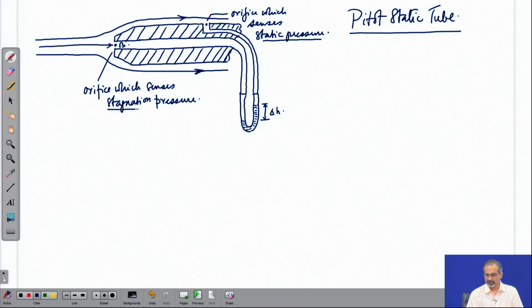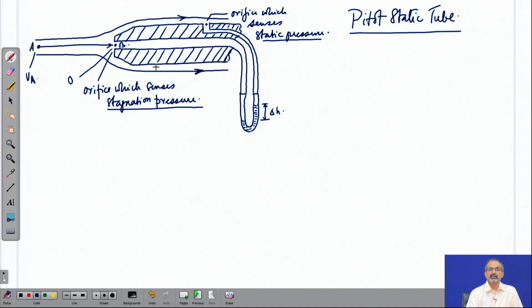Now, let us look at the concept of the two pressures which we are sensing at the 2 points. So, if you follow the streamline A B, then the flow velocity what you have at the point A, if you call it as V A, that gradually decreases as you move towards the point B, and then typically by the time it reaches point B, it goes to 0. That means, it slows down and comes to a halt.